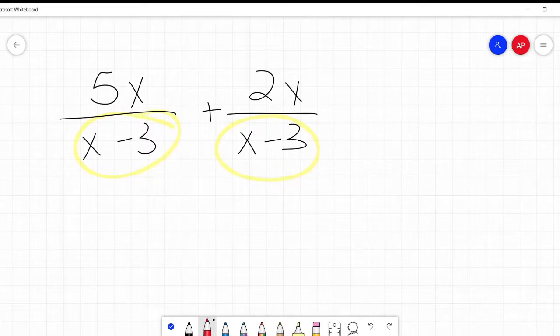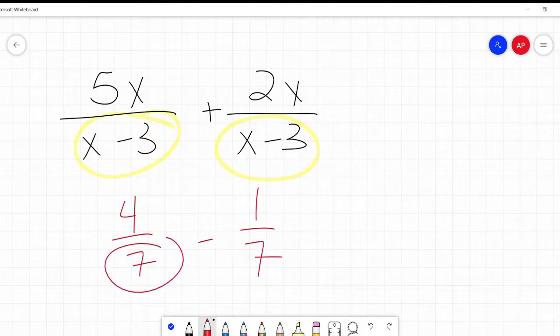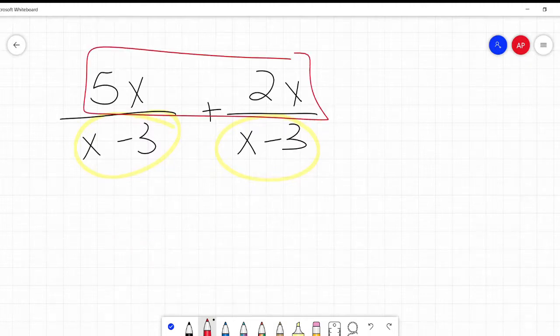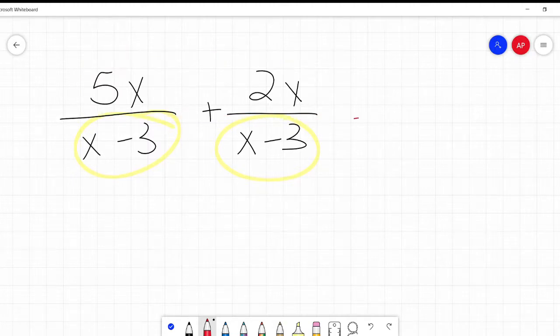So just like when we were saying 4/7 minus 1/7, the denominators are the same, so you don't have to change anything. All you have to do is add the two numerators, the two numbers on top. In this case, 5x plus 2x would be 7x over x minus 3.